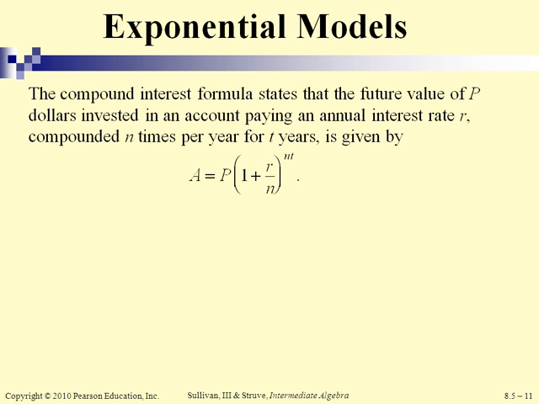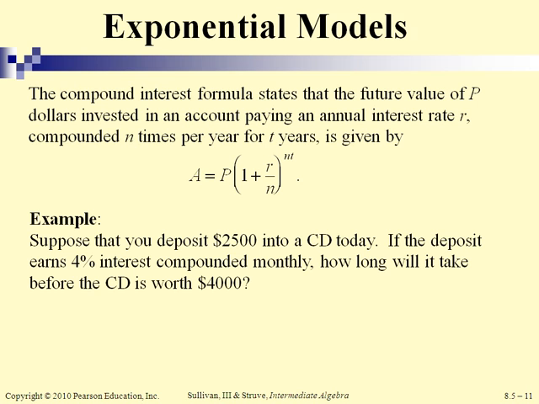Anyway, that is the formula. And we wonder, if you have $2,500 and that gives you 4% compounded monthly, how long will it take to give you $4,000? Say that you would like to go for a vacation and need $4,000. How long do you need that $2,500 sitting in the bank with 4% compounded?